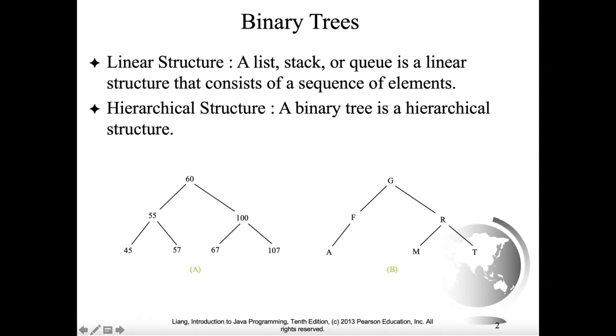Another very important property of a binary search tree is that for every single node in the tree, the value of any node in the left subtree is going to be less than the value of the node itself, and the value of any node in the right subtree is going to be greater than the value of the node itself.